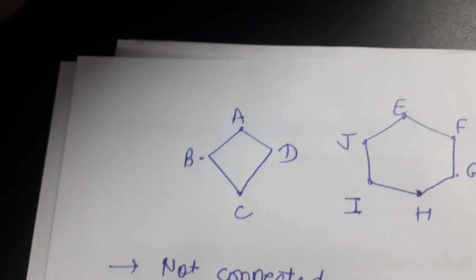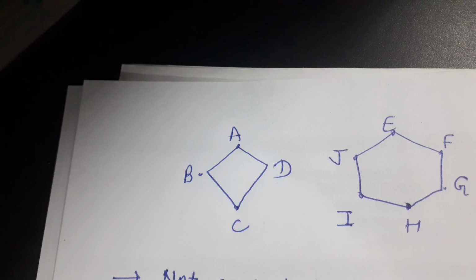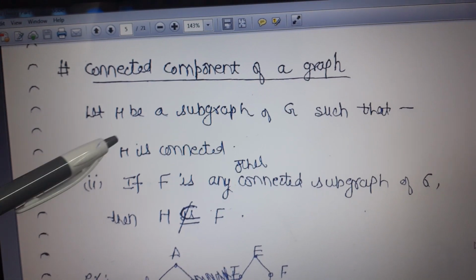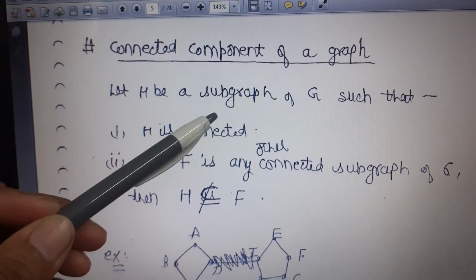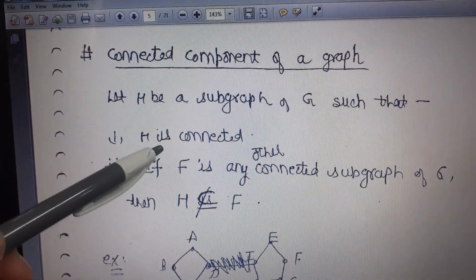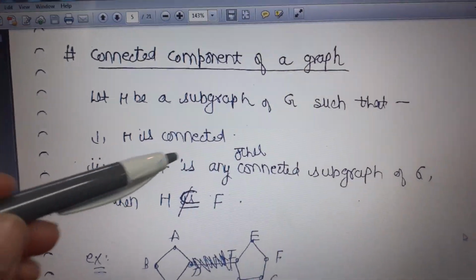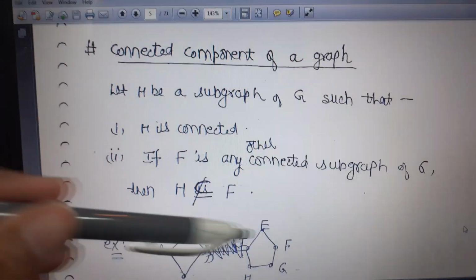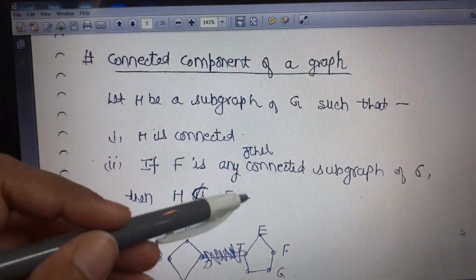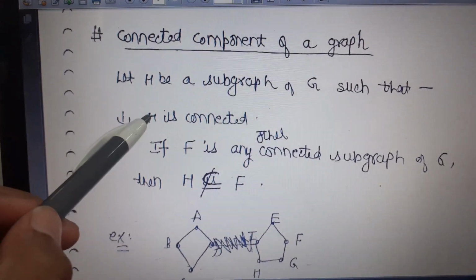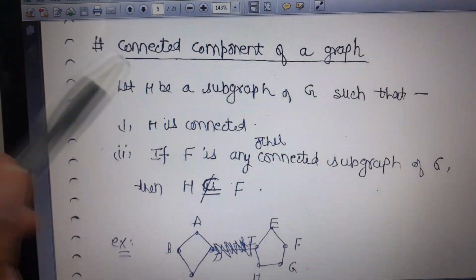Now, what we have to find out is the connected components of a graph. Just look at the definition. You have to choose a subgraph H of G such that H is connected, and if F is any other connected subgraph of G, then H is not contained in F. That means that H is the maximal connected subgraph.